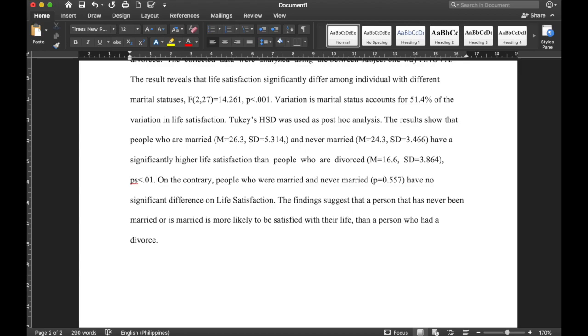And then the student said, on the contrary, people who were married and never married have no significant difference.